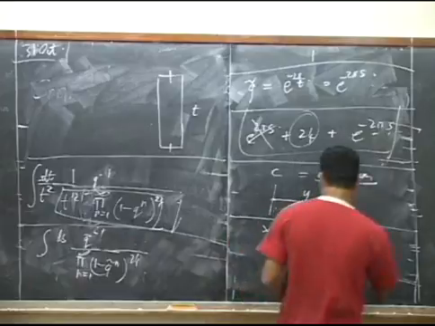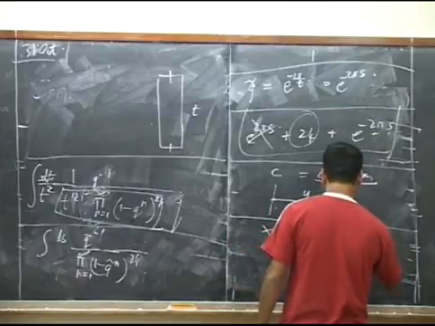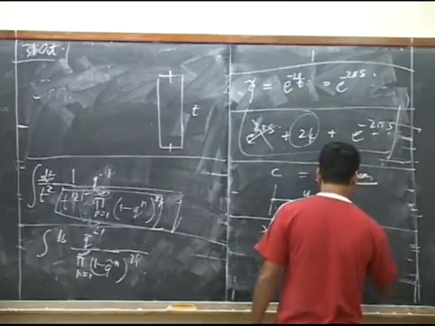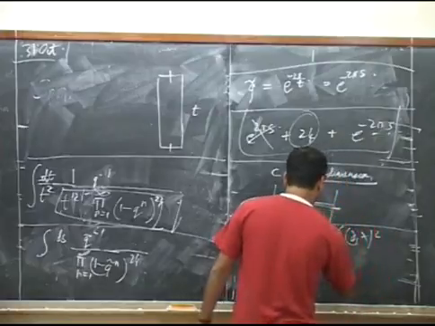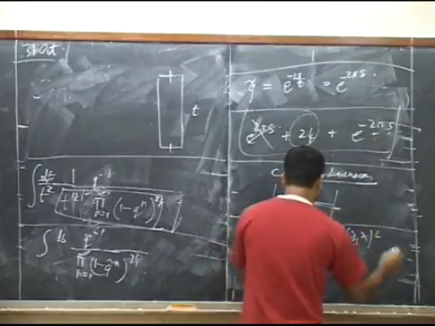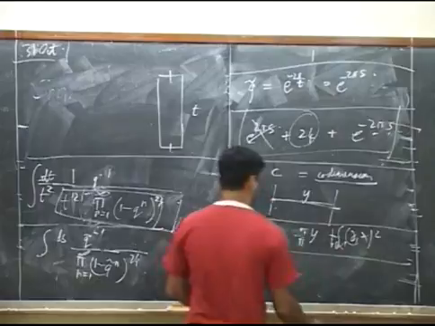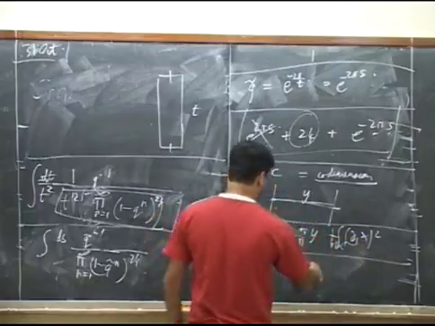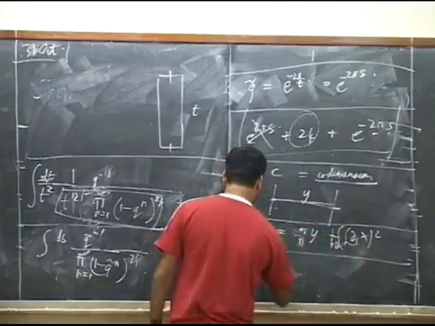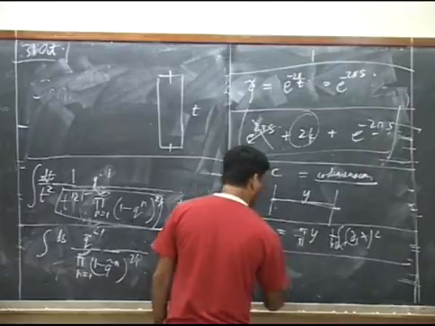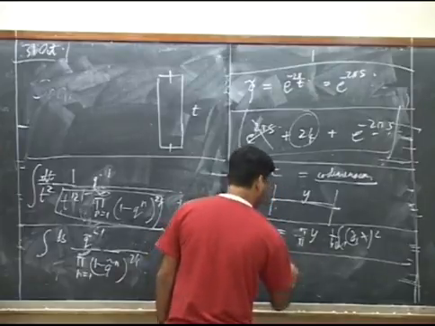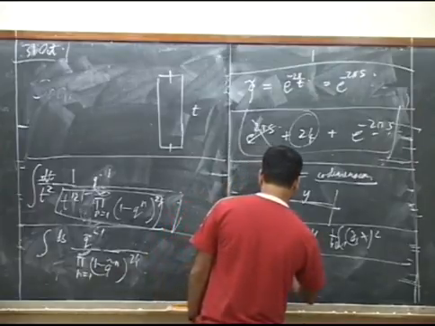Then we have del sigma 1 of x, the whole thing squared, times 1 by 4 pi alpha prime. What does that give us? It gives us a factor of 1 by 4 pi squared alpha prime times y squared.